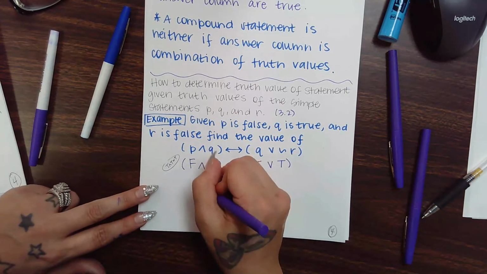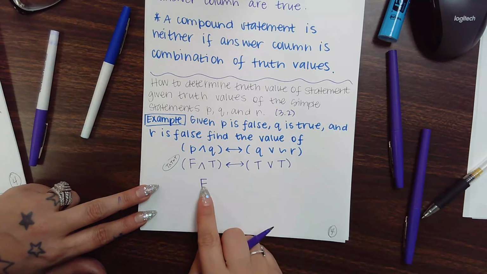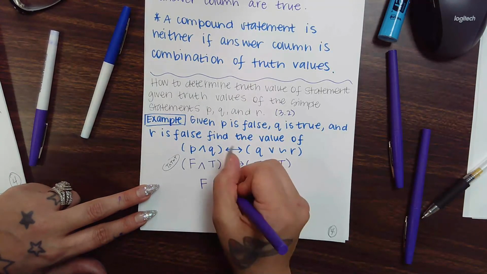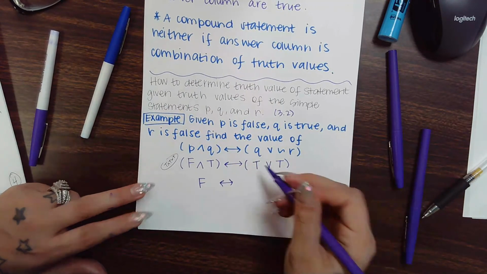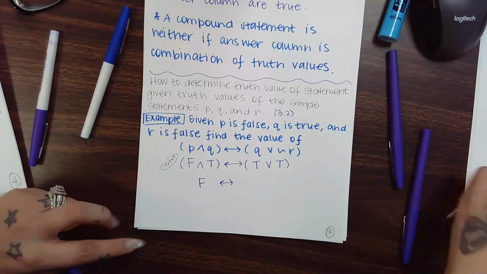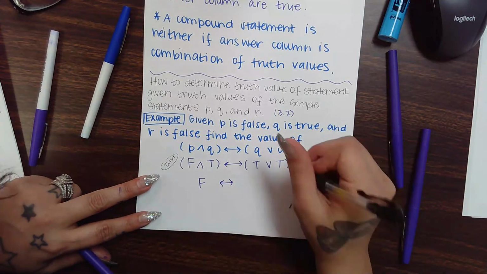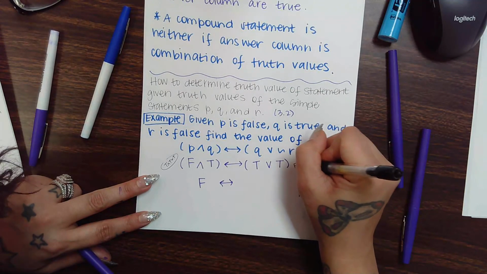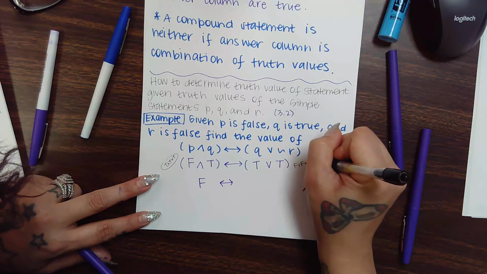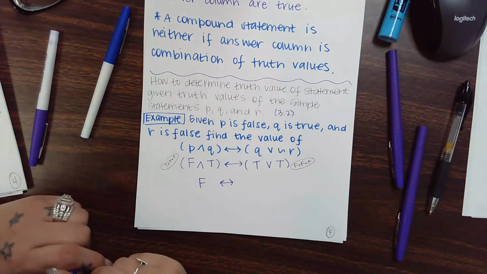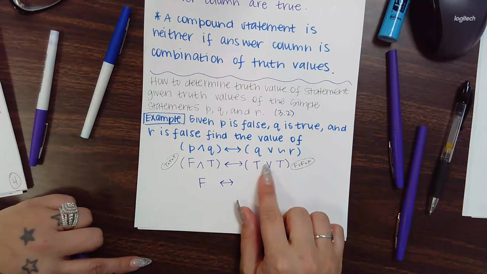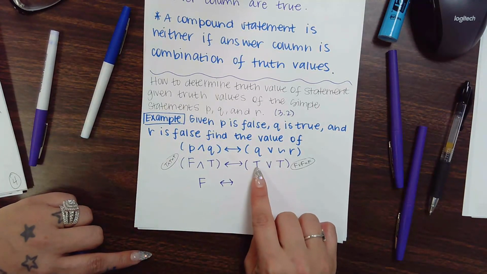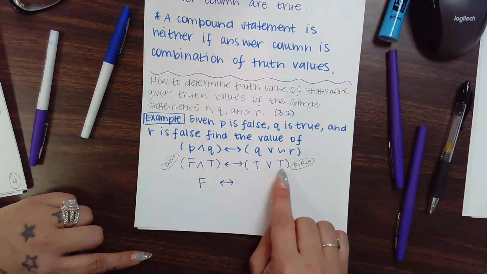No. So the result of this gave me an F. If and only if. This is my or. What's the hint with or? The hint with or is, is this or this true? The only time I got false was when they were both false. What is this? Here they're both true. Is this or this true? Yeah.